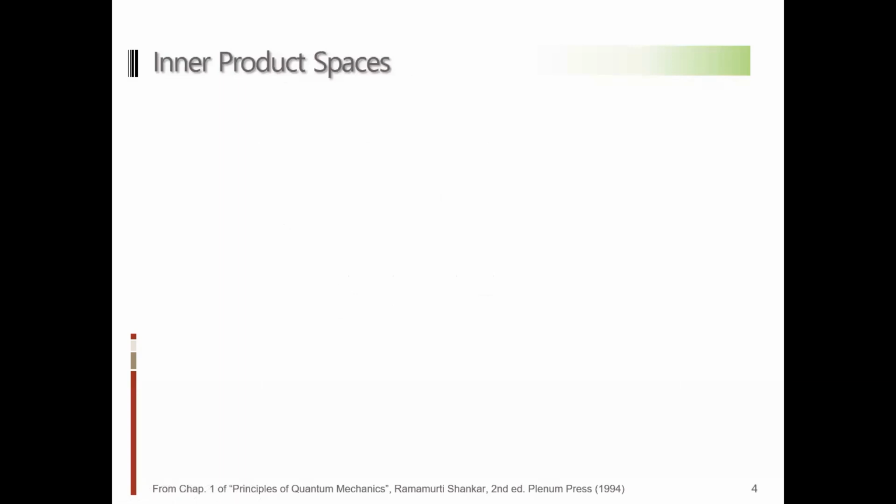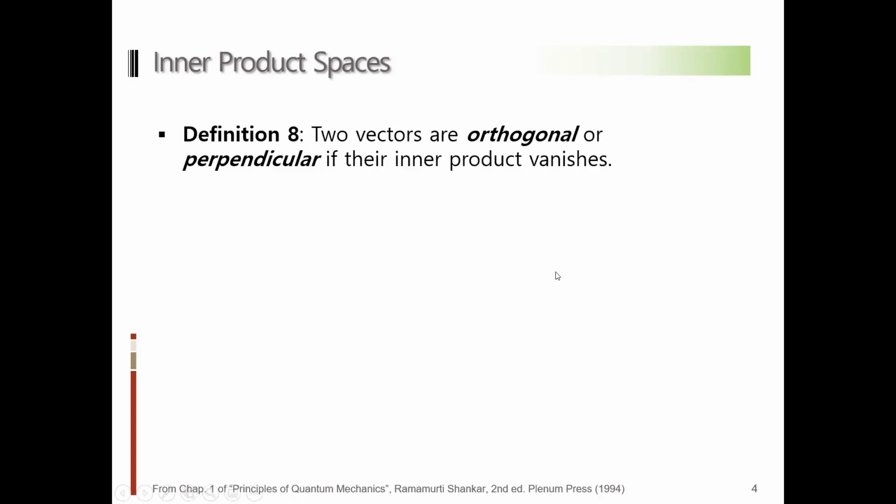And now let's talk about more properties of the linear vector space. Previously, if we didn't have the definition of the inner product, but only had the concept of the vector space, then we could not talk about the length of the vector or the relation between two vectors. But now, because we have the concept of the inner product, we can define the meaning of the orthogonality of two vectors, and the definition will become very simple.